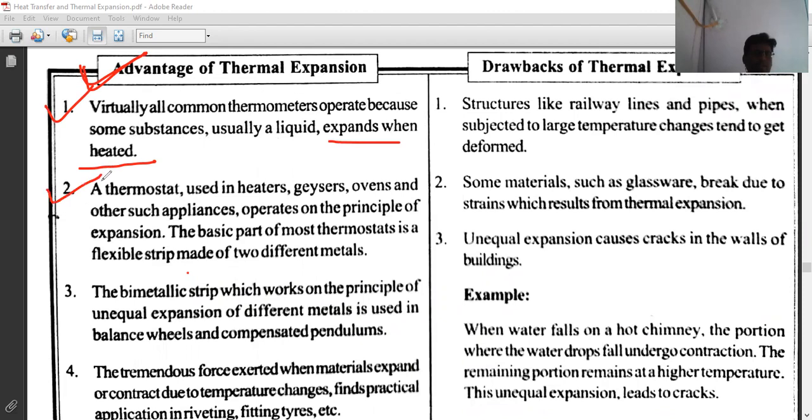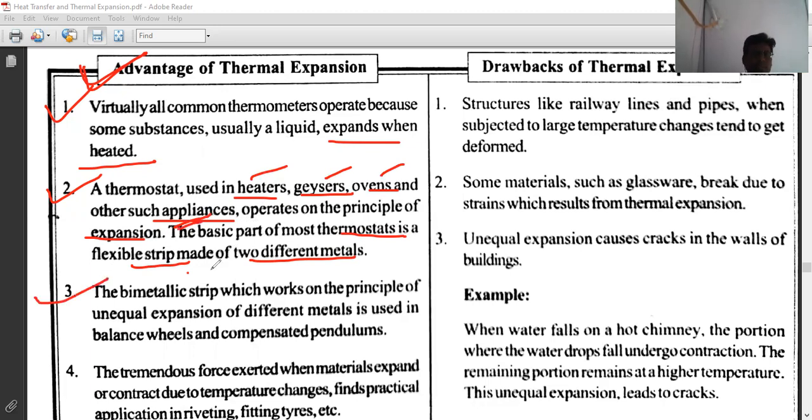The next advantage is that a thermostat used in heaters, geysers, ovens, and other such appliances operates on the principle of expansion. So the basic part of most thermostats is a flexible strip made of two different metals. So it is used in heaters, geysers, ovens, and other appliances.